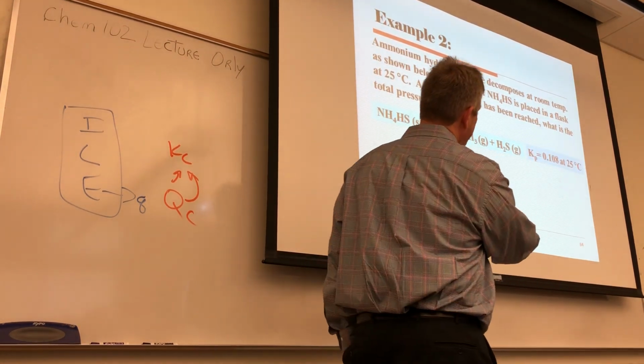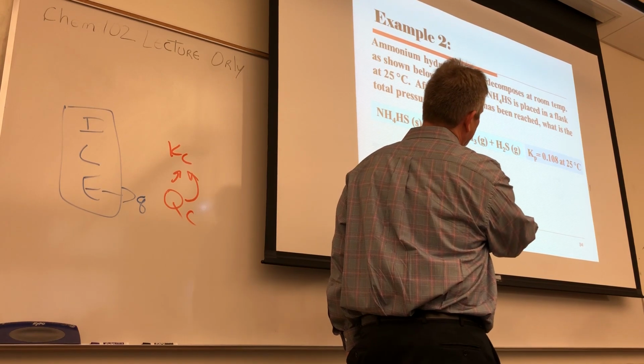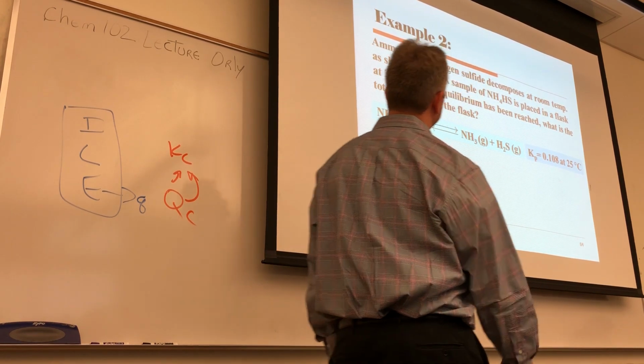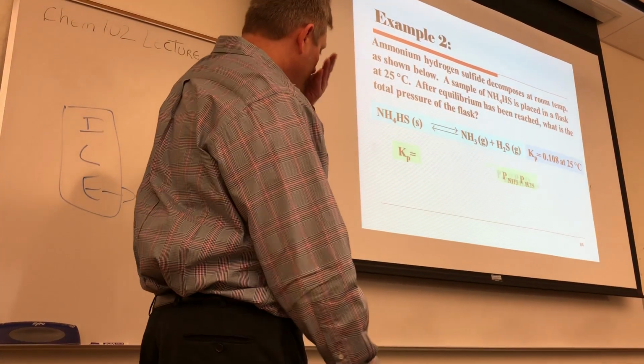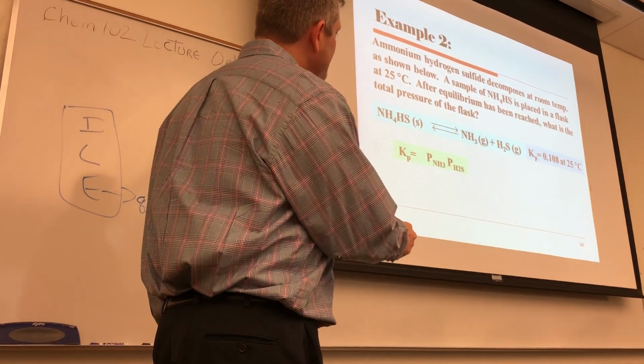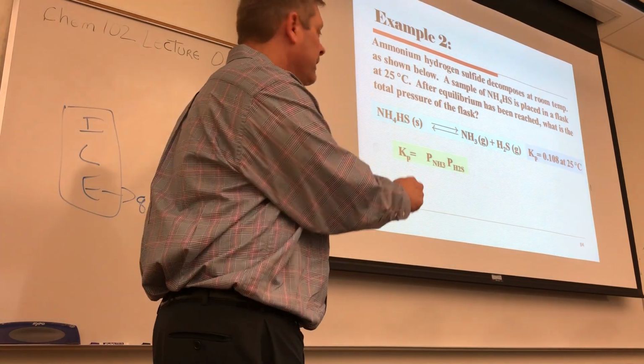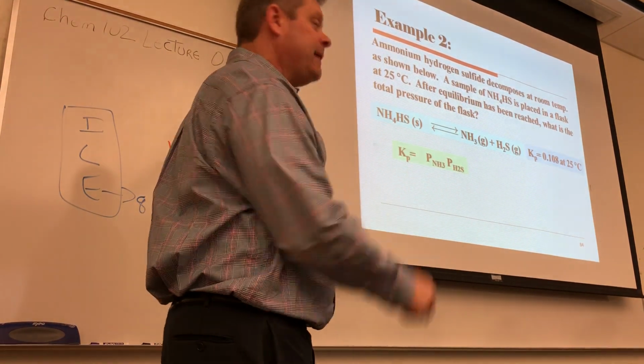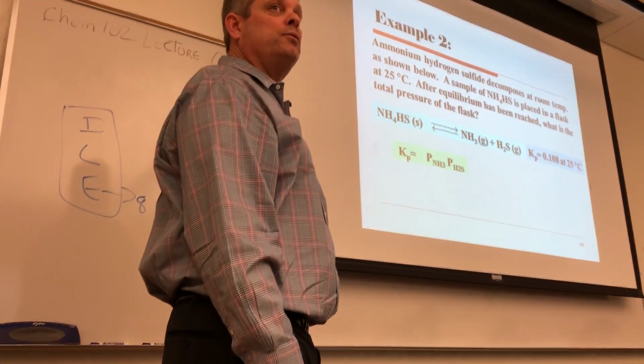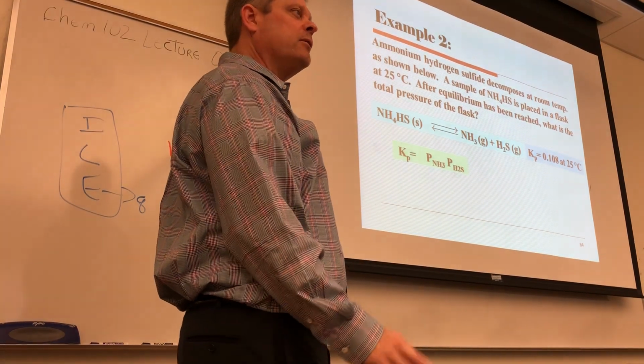Okay. So my Kp at 25 degrees is 0.108. So my Kp is equal to this, because the solid doesn't count. That's part of my Kp. Everybody okay with that? That should be okay.